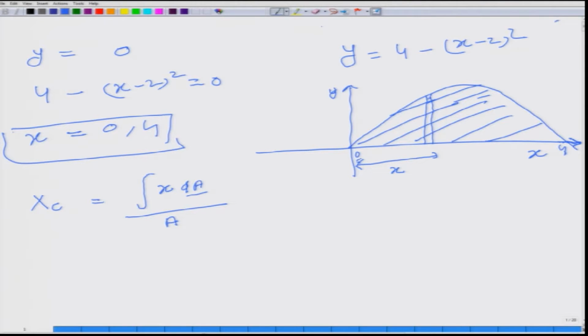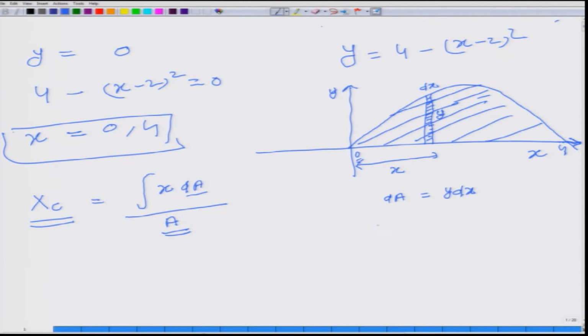If the width of this strip is dx and length is y, then dA is y into dx. Before solving for XC, I will first find the total area enclosed by this parabola and the x axis. For that, I have to add up all these strips.